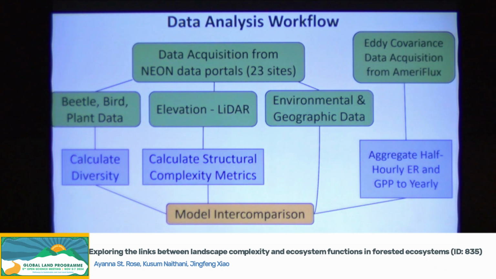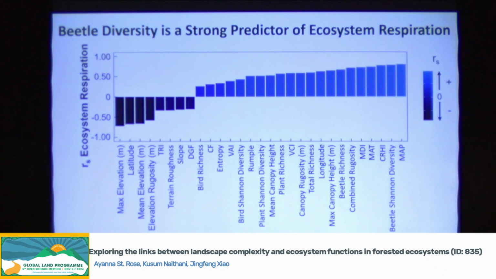We also used eddy covariance data, which is co-located with all the NEON sites, and we aggregated the half-hourly ecosystem respiration and gross primary productivity to an annual value. These ecosystem respiration and GPP values were partitioned from nighttime respiration from NEE. And then we ran our models and different analyses.